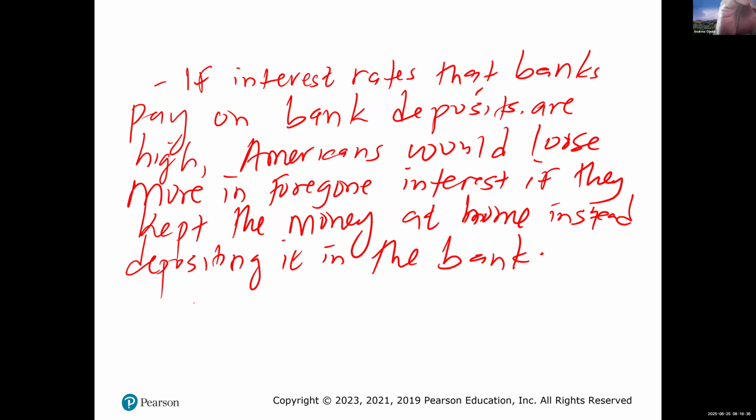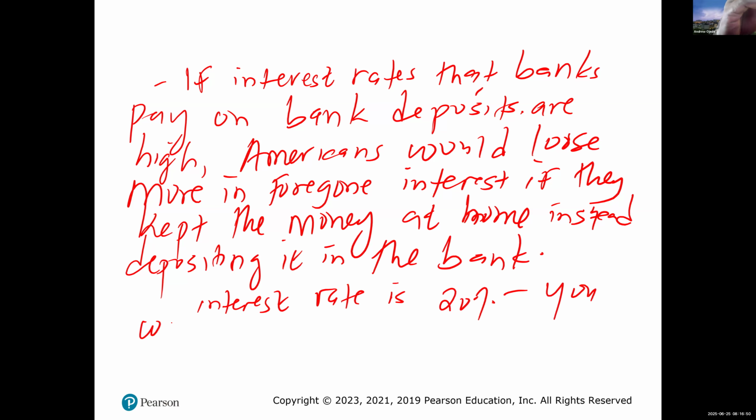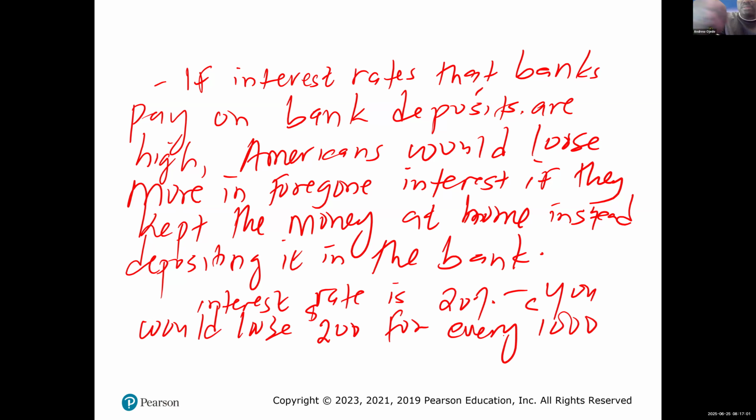Suppose the interest rate that banks are paying is 20%. That means you would lose $200 for every $1,000 that you keep at home.